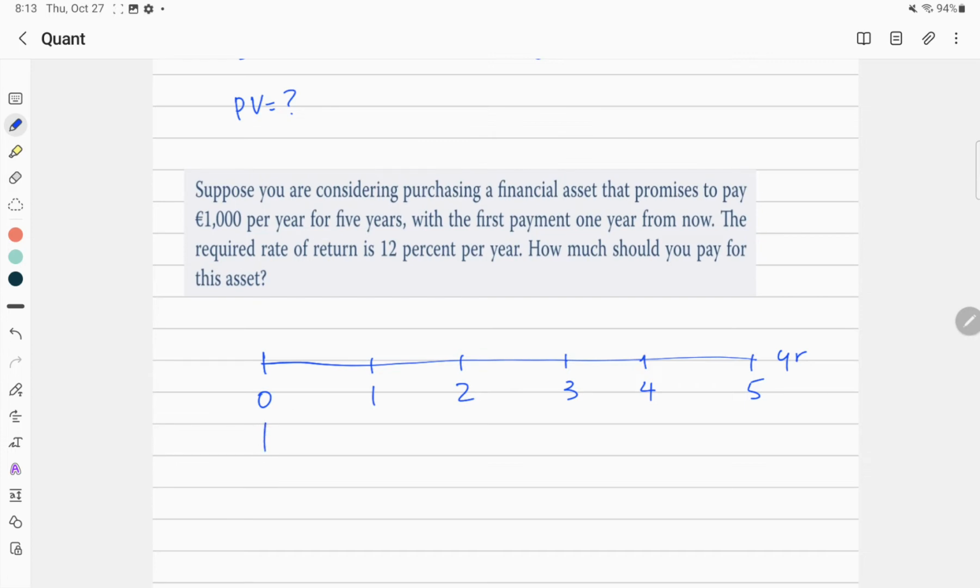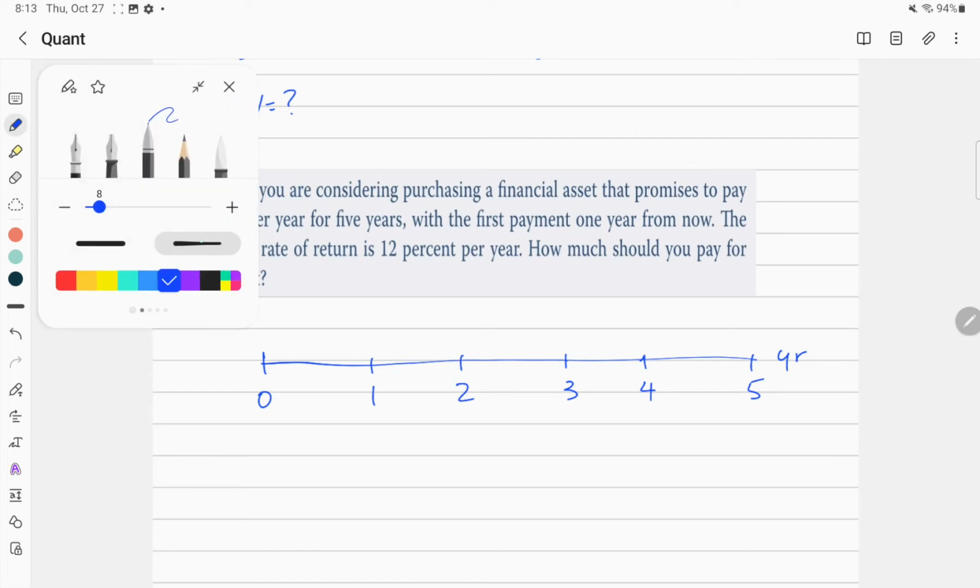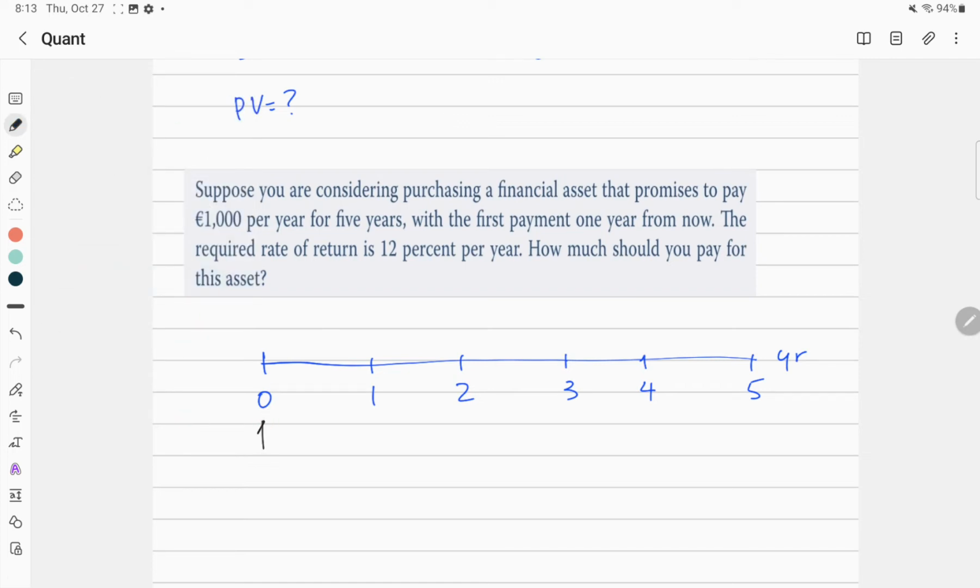At time equals 0, you purchase a financial asset, and this asset promises to pay 12% per year, compounded annually.